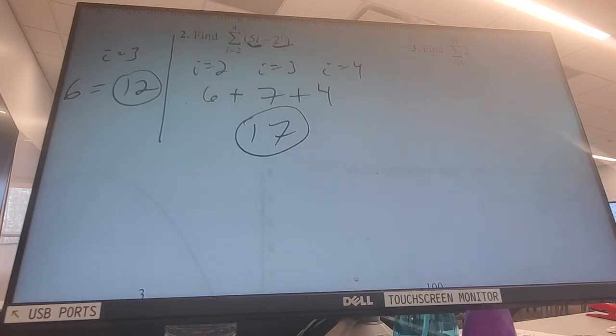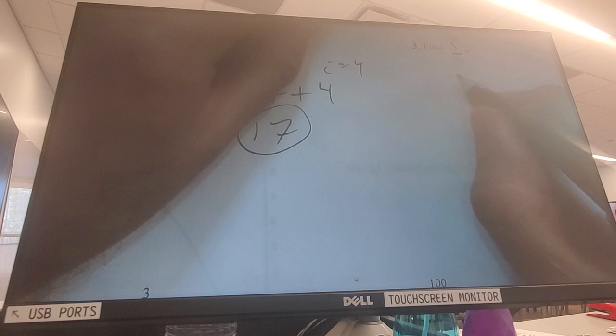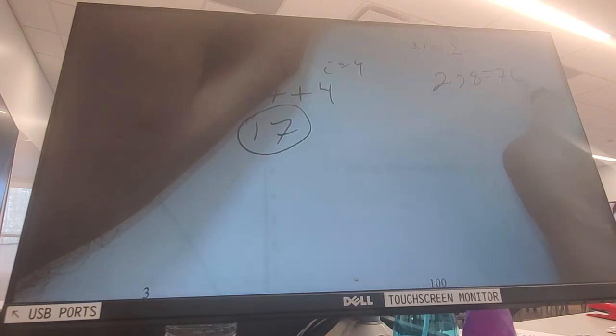There's no i after it, so it's always going to be 2. So it's 2 plus 2 plus 2. And of course, what's the definition of multiplication? Repeated addition. So the sum of a constant is just that constant times how many of them there are. Okay, I like it. So this would just be 2 times 38, 76.